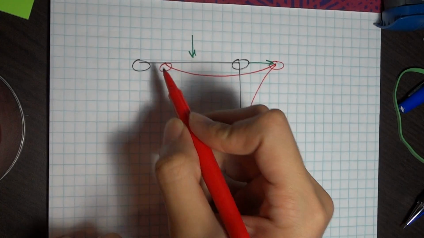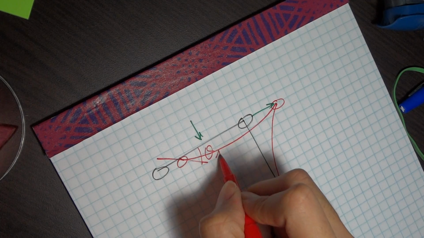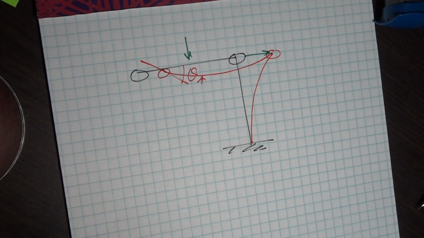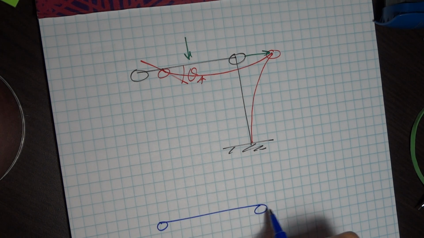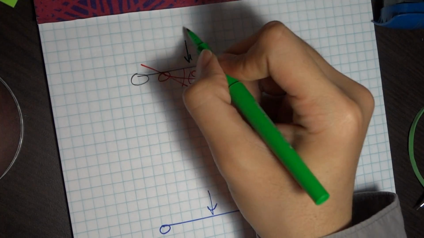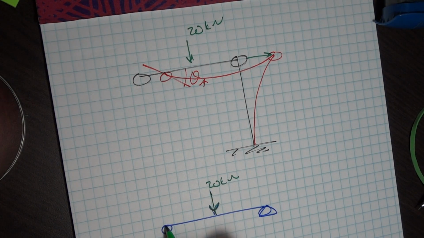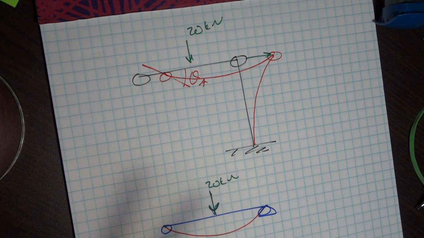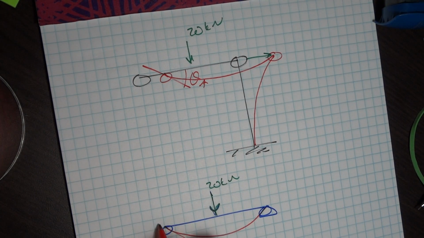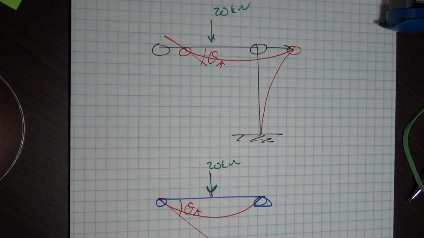This theta here, this theta A, that theta A is the same theta A that you would get if we had been looking at this problem. This is 20 kilonewtons. These two are the same.